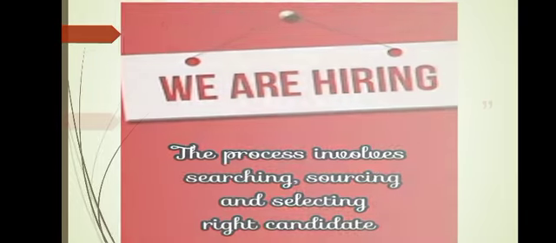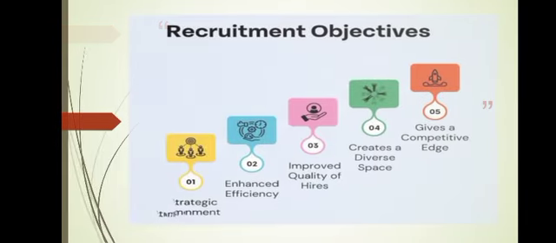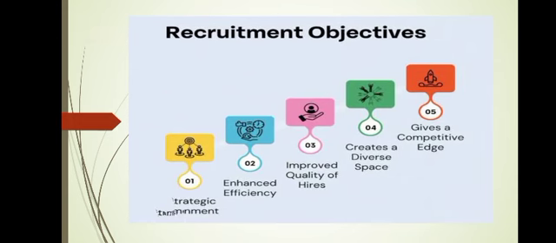Mainly the recruitment objectives and the process of recruitment will be our focus today. Now, what are the objectives of recruitment? In total, we have five objectives. First one is to align the recruitment process with the strategic goals of the organization.